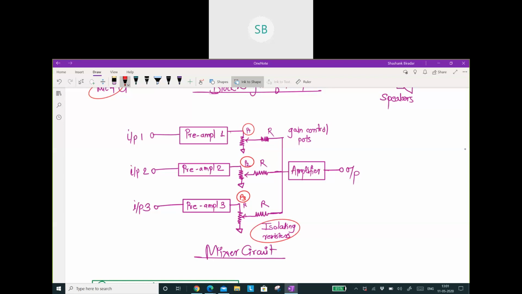The common amplifier shown following the isolating resistors is a common emitter amplifier. It can match the impedances between the mixer and the voltage amplifier stages. Impedance matching is also an important issue when you are considering amplifiers, as far as PA systems and other things are concerned.